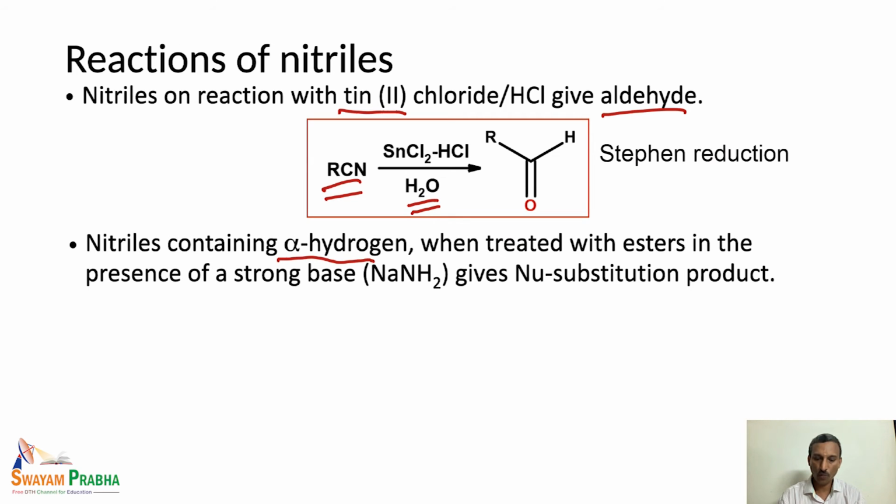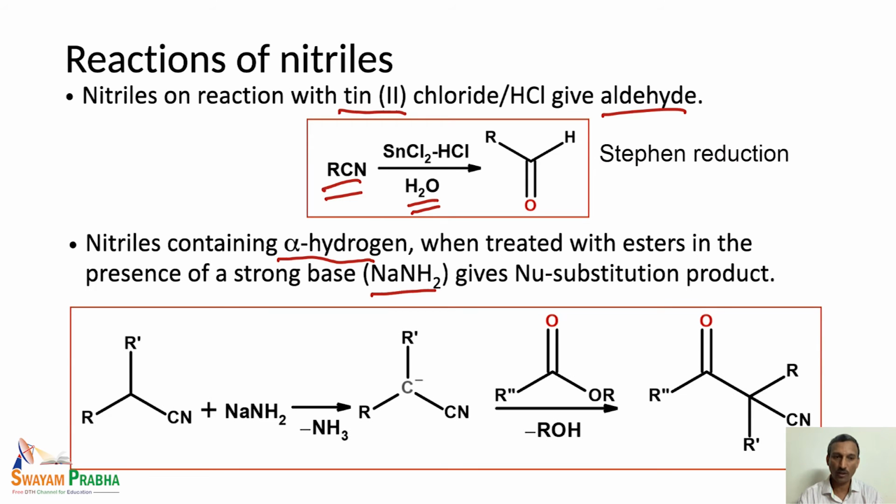If the nitriles have an alpha hydrogen atom and are treated with esters in the presence of a strong base like sodamide, that gives a nucleophilic substitution product. So, here there is a hydrogen atom present on the nitrile. If there is at least one alpha hydrogen on the nitrile, when we treat with a strong base, that is sodamide, it abstracts this particular proton, this hydrogen atom, and we end up with the carbanion formation, and this carbanion can react with the esters.